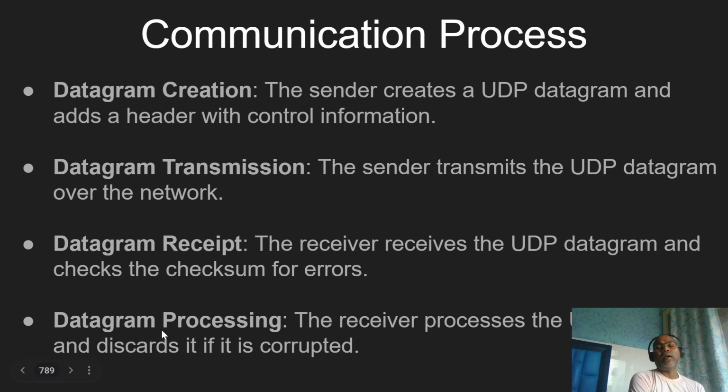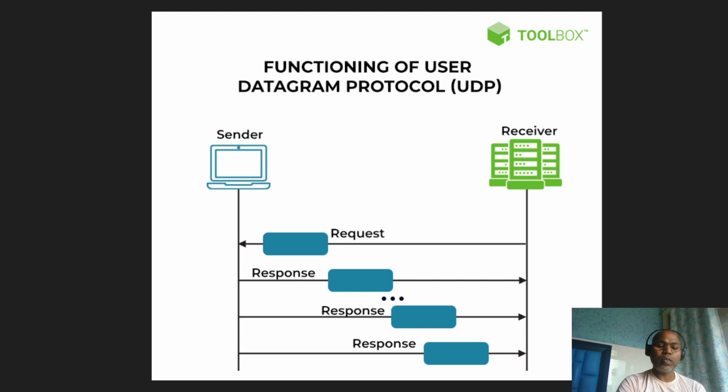Sometimes some datagram packets can be discarded by the receiver, because while applying the checksum it found that some bit got corrupted during transmission. Due to that, there is no retransmission concept in UDP. So this is the basic, simple flow between your sender and receiver.